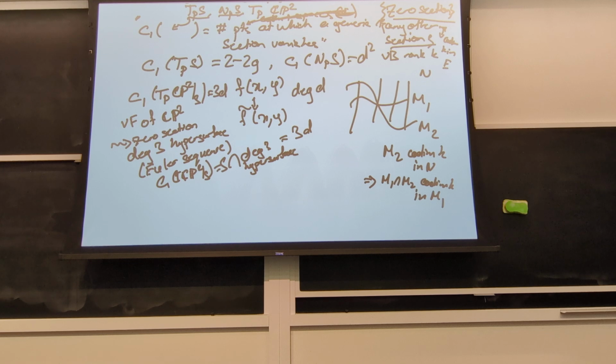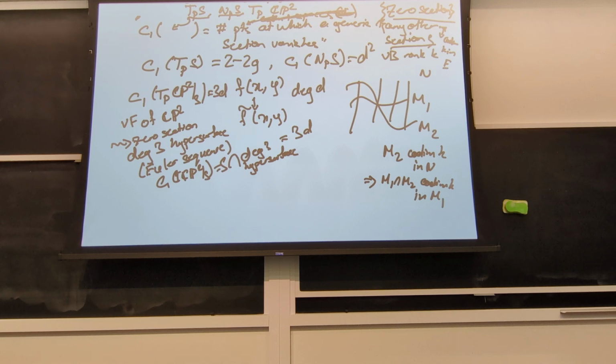So on vibes, why is the zero section a degree 3 hypersurface? This is something you have to compute. You can do it using the Euler sequence. The Euler sequence works because CP2 is C3 modulo scaling. That's where the 3 comes from.